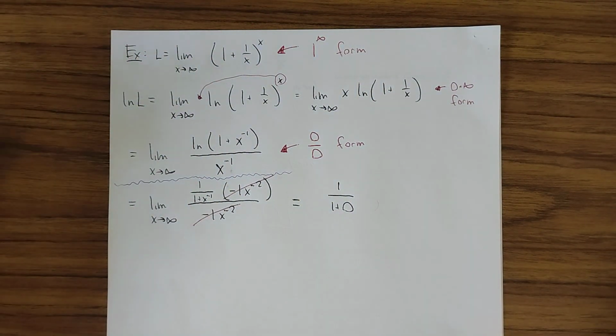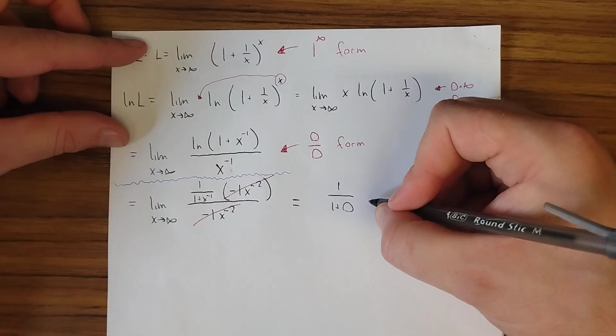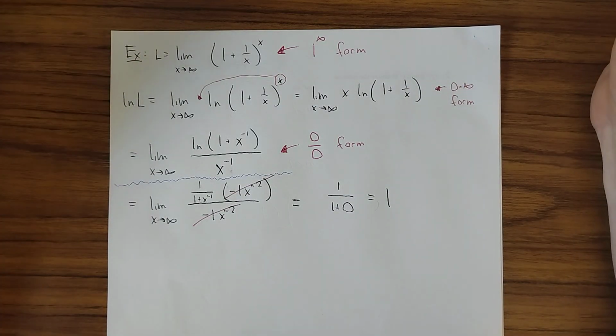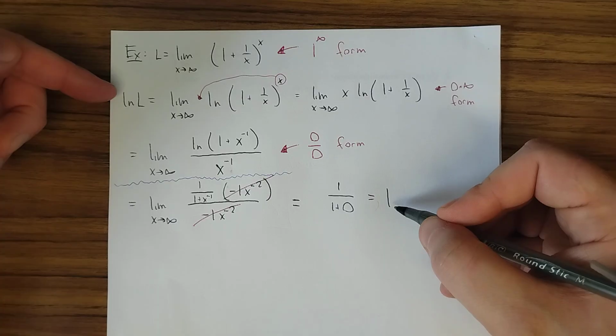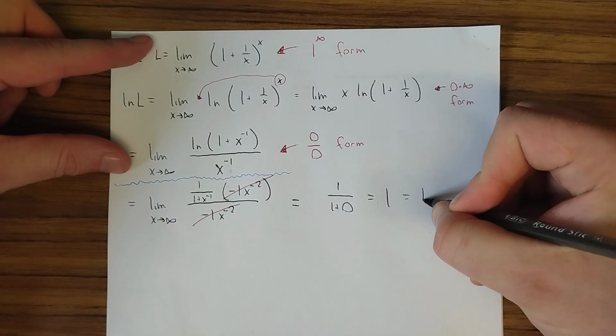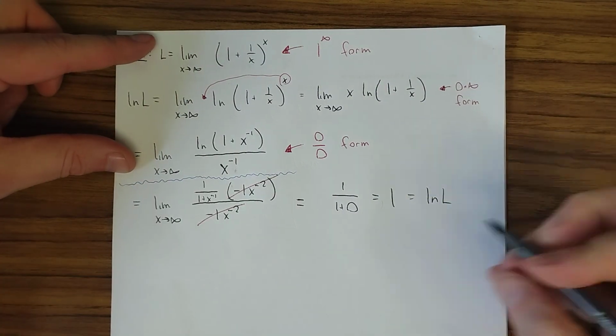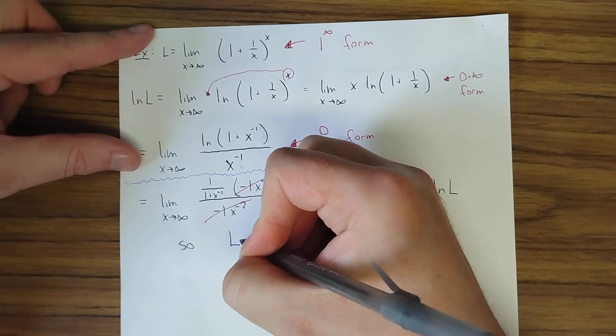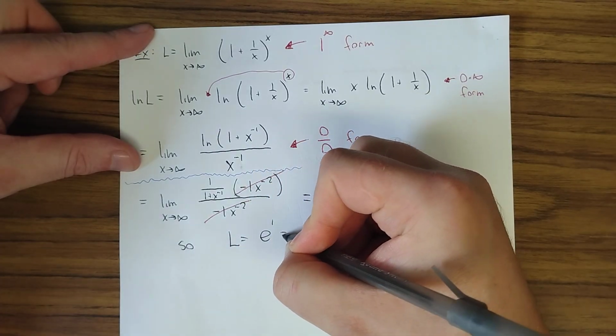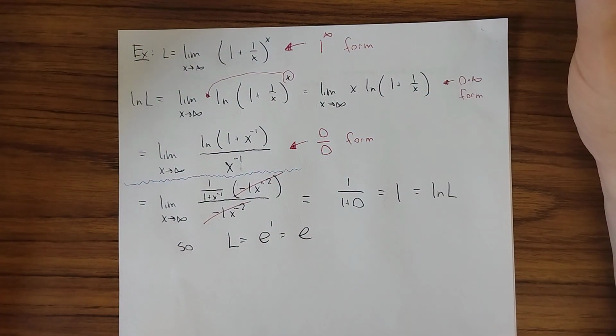Yeah, x to the minus 1 goes to 0, so this is what we've got. So in the end, this is 1. And then we have to remember that that's actually natural log of L. So L is e to the 1. In other words, it's just e.